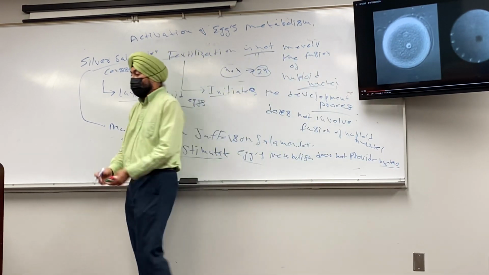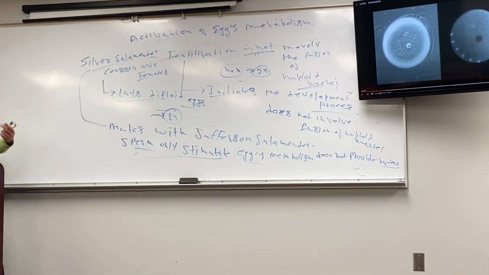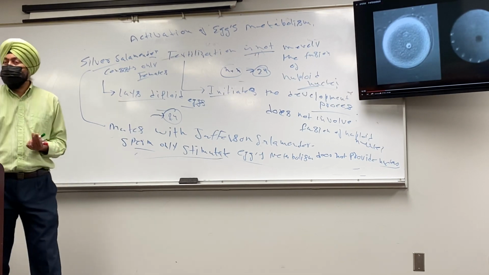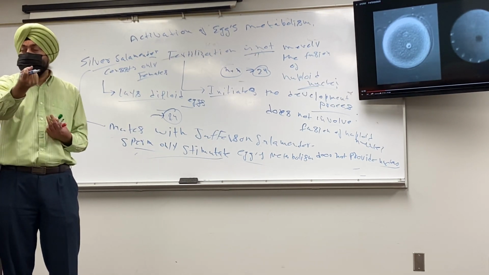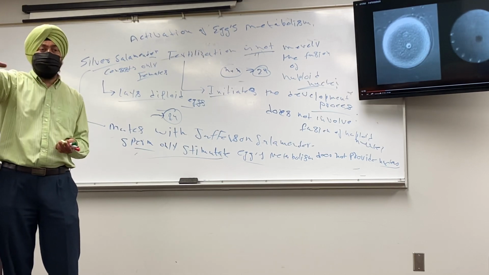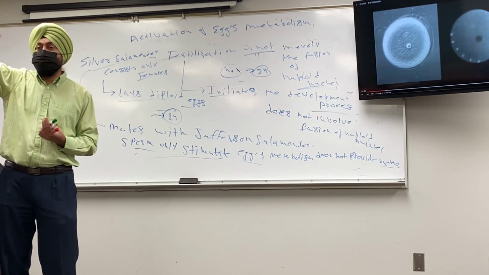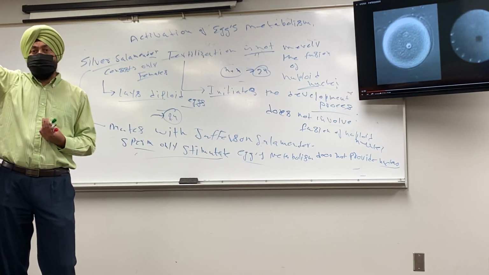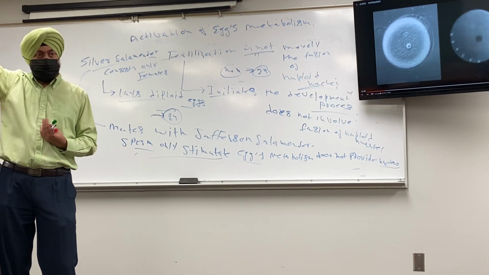Nothing. So what happened? It means the egg has all the components to make a new individual. But there was some inhibition on the start of the process of the formation of the new individual, right? So there was some inhibition of the initiation of development of the new organism.